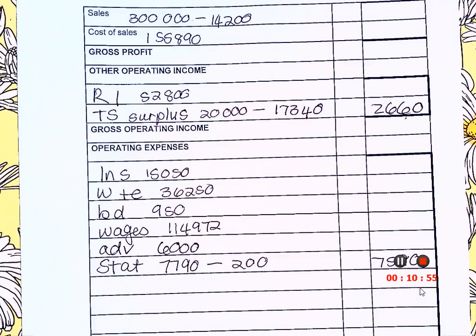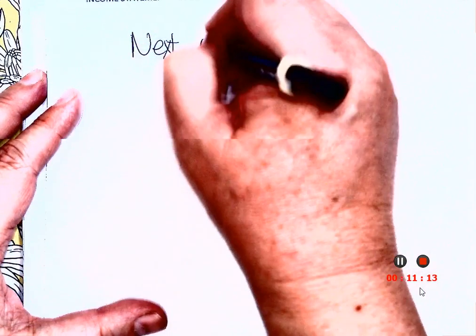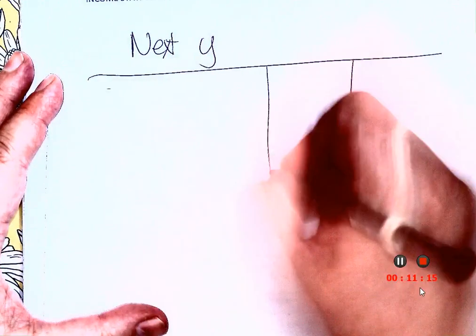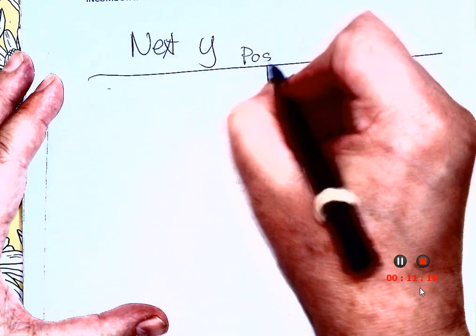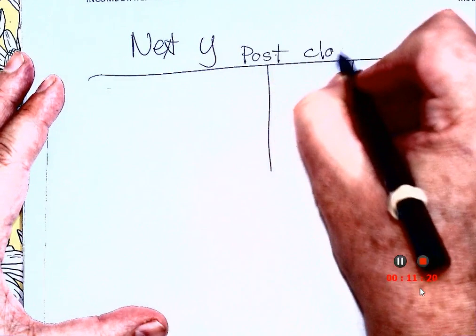So then let's say you were doing that trial balance for next year, because they did use 200. So what he is asking, please listen. So what's going to happen now? Next year, if you look at your post-closing trial balance, there's no nominal section.